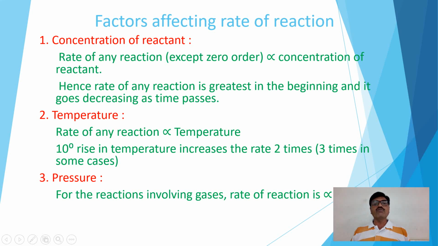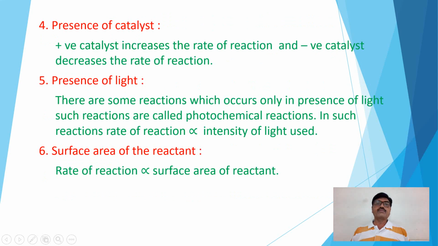For the reactions involving gases, the rate of reaction is also directly proportional to the pressure. Fourth one, presence of catalyst. A positive catalyst increases the rate of reaction and a negative catalyst decreases the rate of reaction.